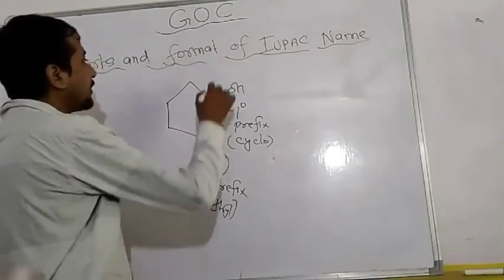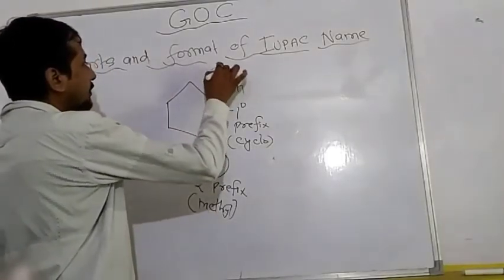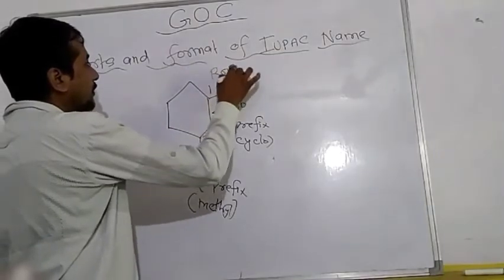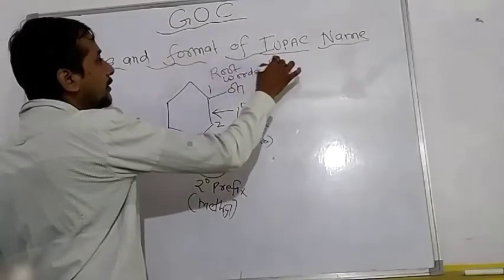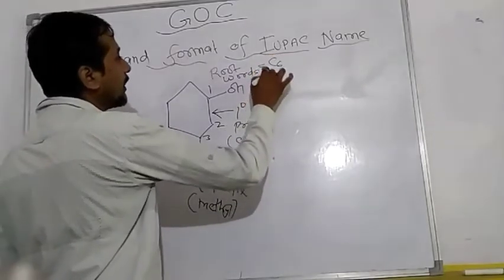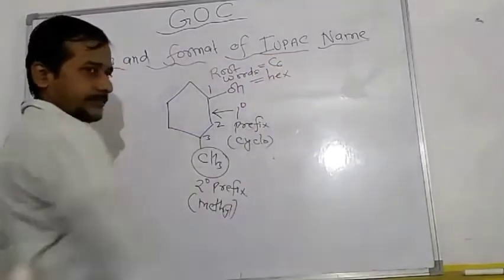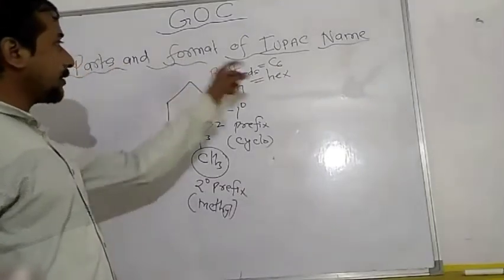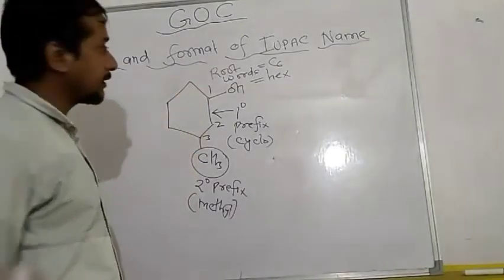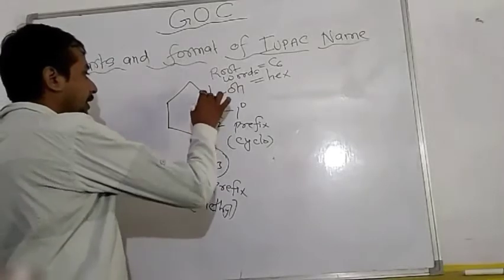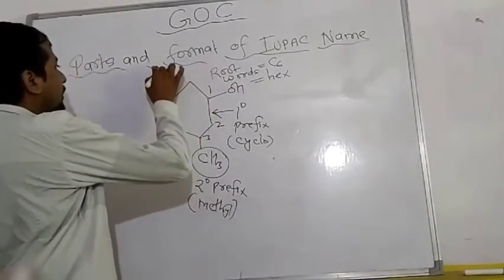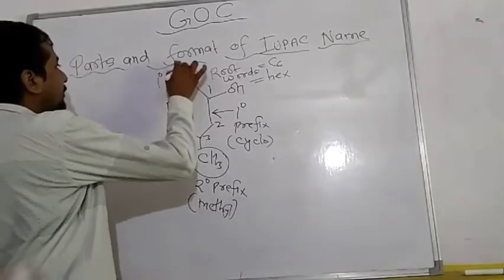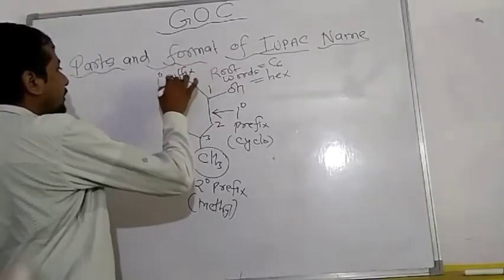So that's why the root word is basically C6, and that is known as hex. So for C6 carbon, you can write the name hex. Now look at the condition, carbon carbon single bond. So that's why the primary suffix here is ane.